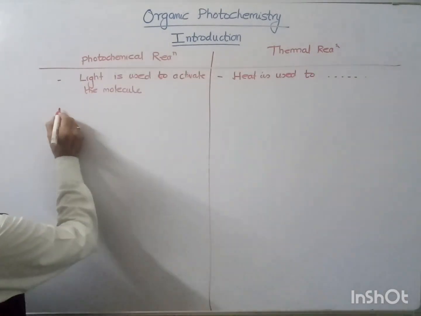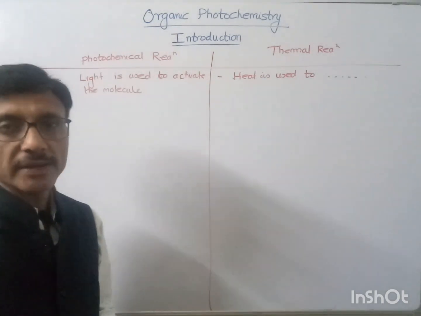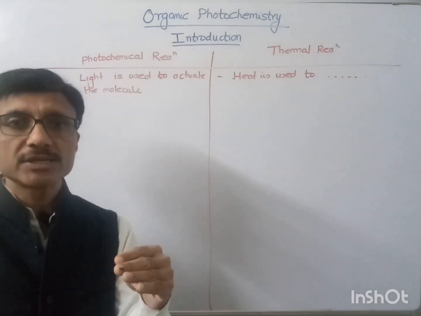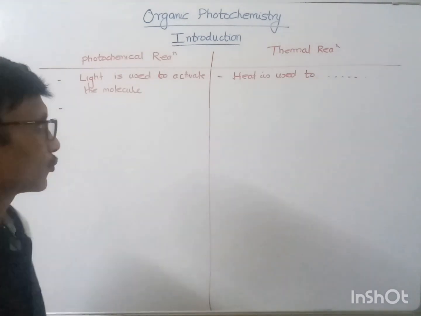Next, in a photochemical reaction, the activated molecule goes from the ground electronic state to the excited electronic state.